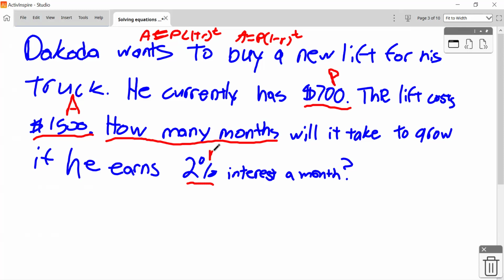How many months will it take to grow if he earns 2% interest a month? So that's going to be your R. 2% interest a month. We're looking for months, so that matches up. Again, if you expand this out to a year, when you get compounding involved, it's actually going to be more than 24% interest a year, but if you just did 2% a month times 12, it's 24% interest.